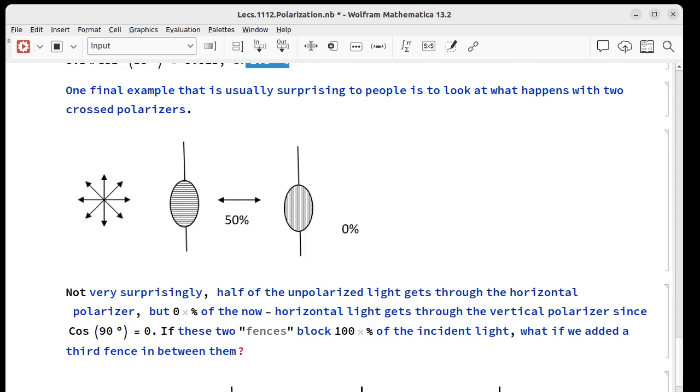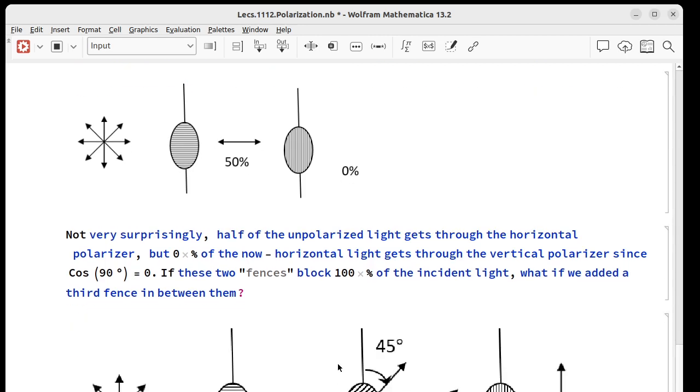Half of it gets through there because cosine of 45 is 1 over square root of 2. We square it, we get half. Then this light that's polarized 45 degrees to the vertical goes through a vertical polarizer. Again, cosine squared of 45 is 1/2. We get half of that out.